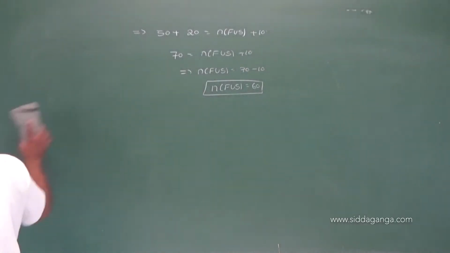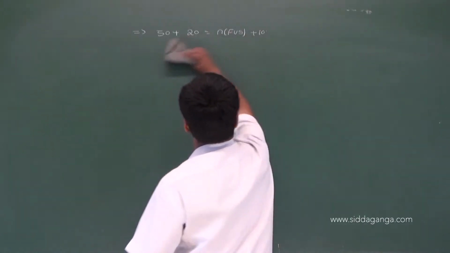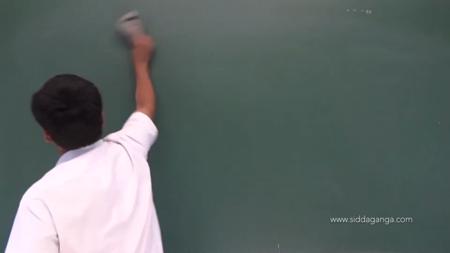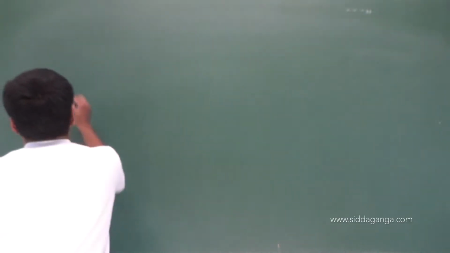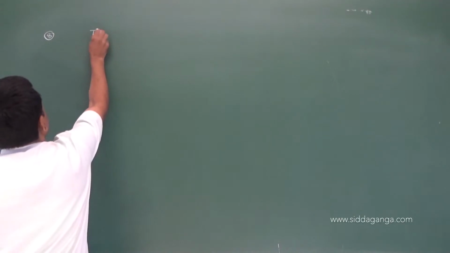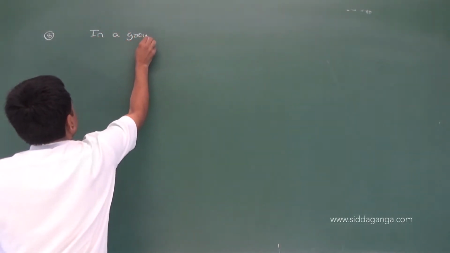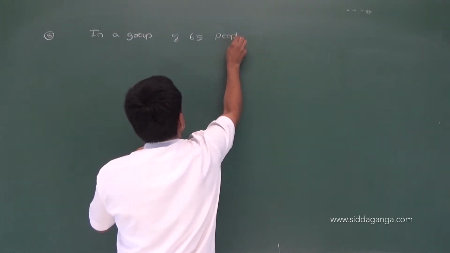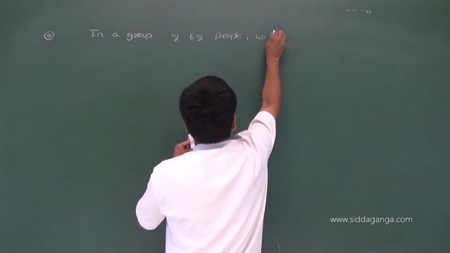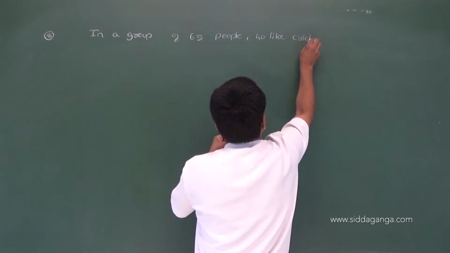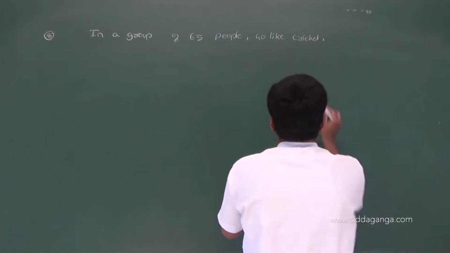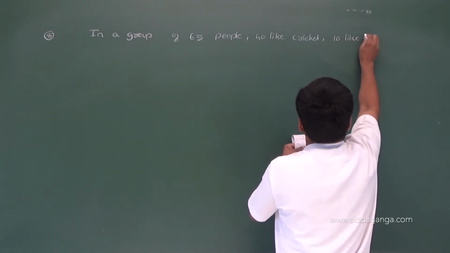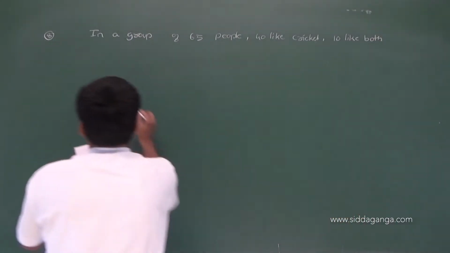Next problem. Eighth problem. In a group of 65 people, 40 like cricket, 10 like both cricket and tennis.